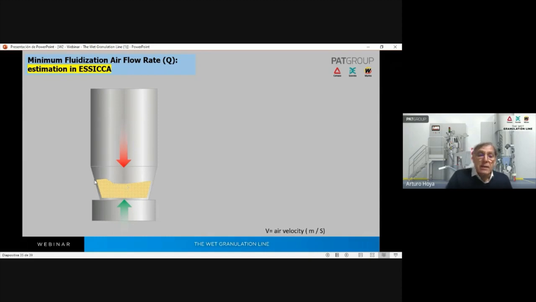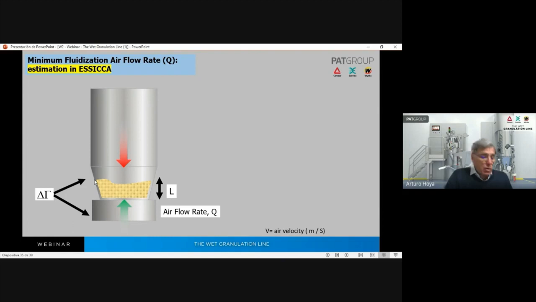On the left, you have the pressure difference across the granule bed. And on the right, you have the height of the bed.